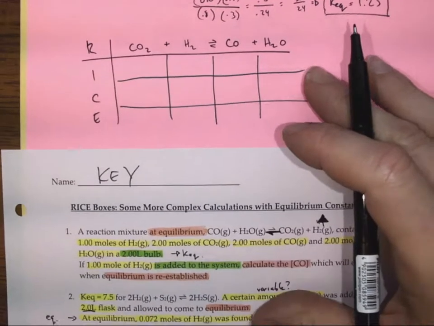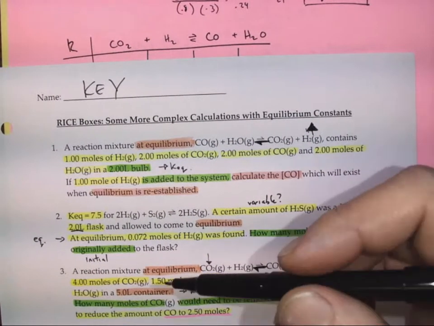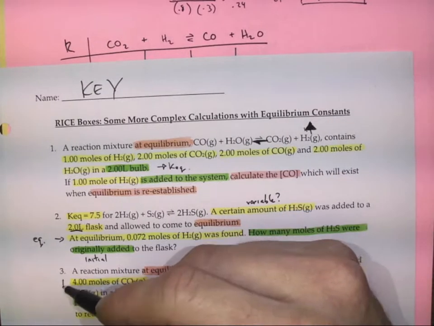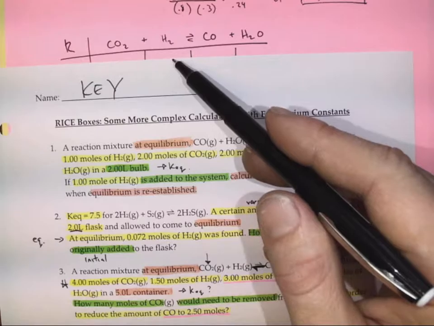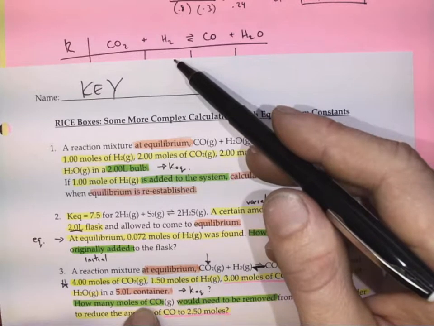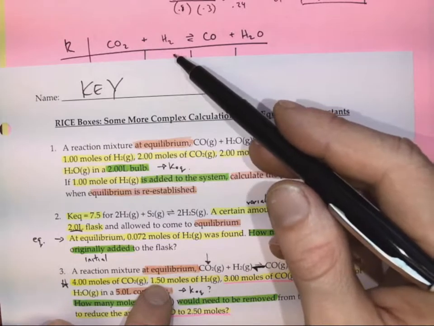And what do we know? So I'm going to come back to carbon dioxide. Let's move on to hydrogen. We know initially, before we remove anything here, we'll still have 1.5 moles of hydrogen for every 5 liters.